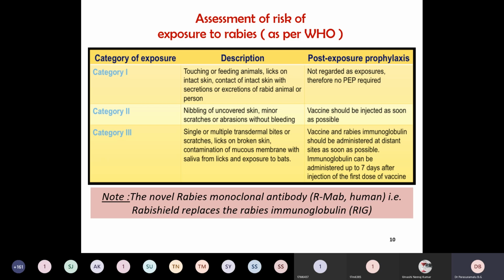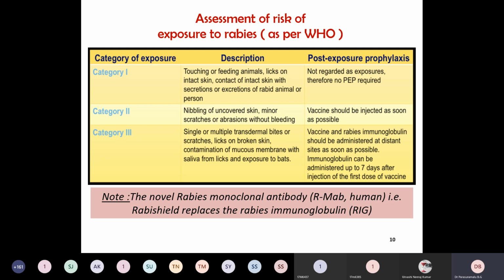See, the wound should be washed thoroughly with soap and water or any detergent, particularly with running water, that is keeping the affected wound under a running tap. See, that is very important, which will remove the majority of the viruses at the site of bite. Thereby we can reduce the chances of getting rabies in a rabid animal bite.